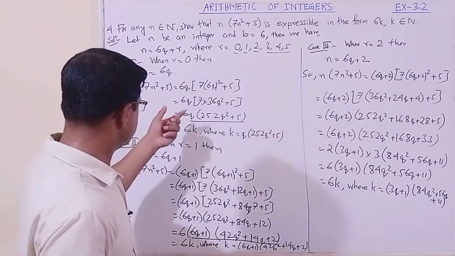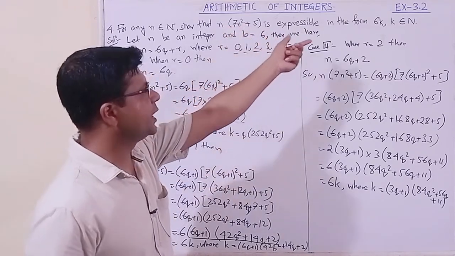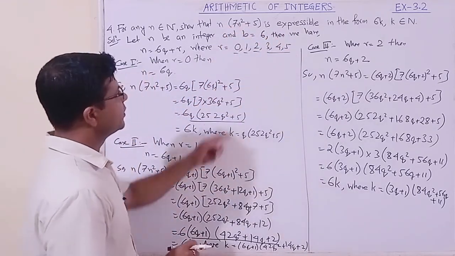Now for all these 3 cases we have got this value as 6k. So what we'll do for the remaining?